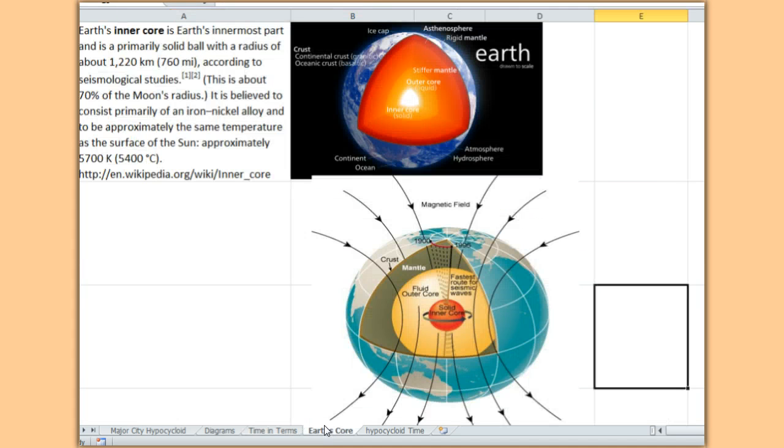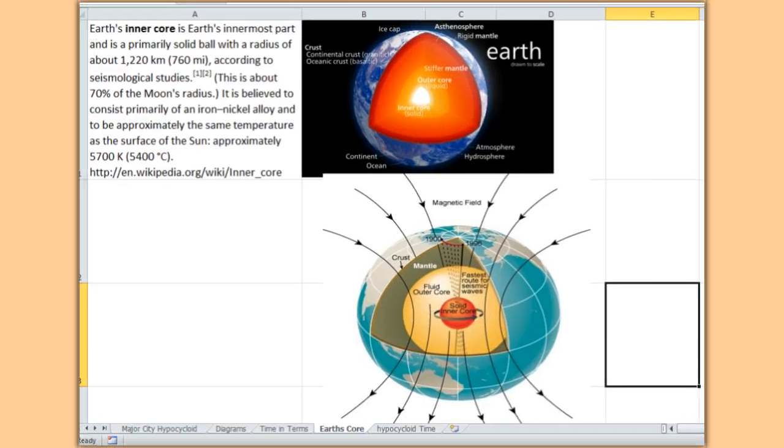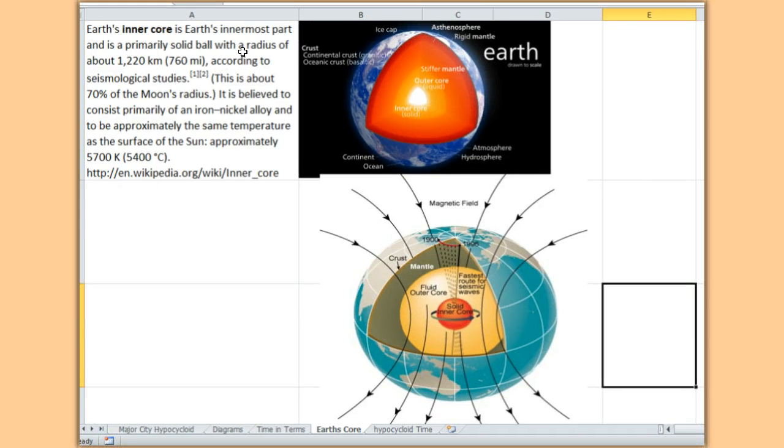And the Earth's core. The Earth's core is the Earth's inner part, and is primarily a solid ball with a radius of about 1,220 kilometers or 760 miles. Okay, radius. So as you can see from our trip to London to Australia, we're well inside of the core.